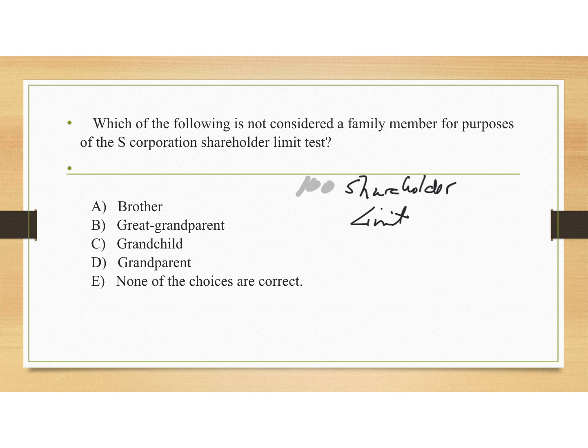Family members include a common ancestor with not more than 6 generations removed. So what does that mean? It means all of these folks can be considered a family member, and the key was which one of them is not. The answer is E, none of those choices, because all of those are family members for the purposes of the S corporation shareholder limit test.